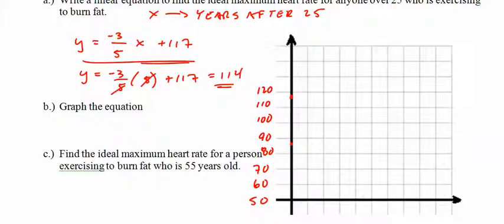Well, I can't do that because I don't have the same scales going. So this will have to go by tens. 10, 20, 30. So now I can do it. 1, 2, 3, 1, 2, 3, 4, 5.